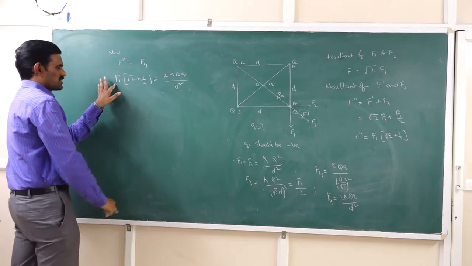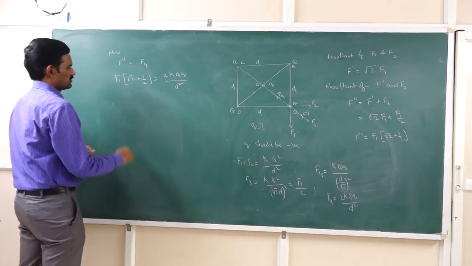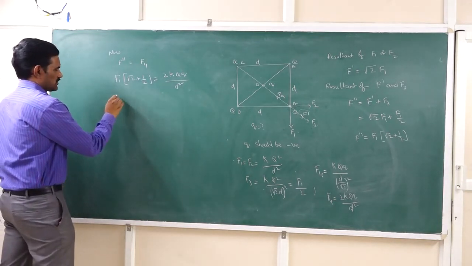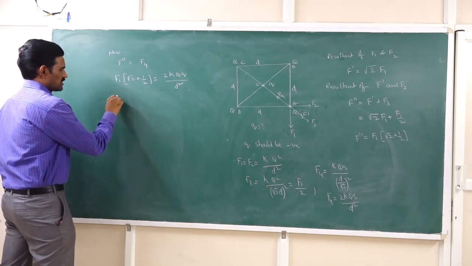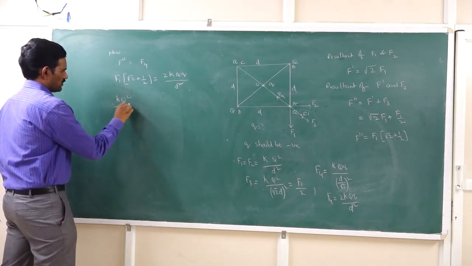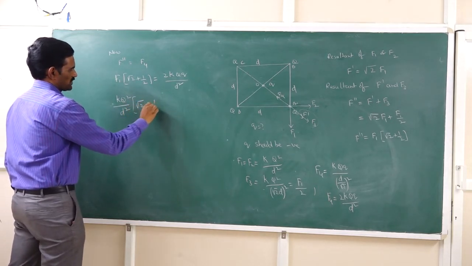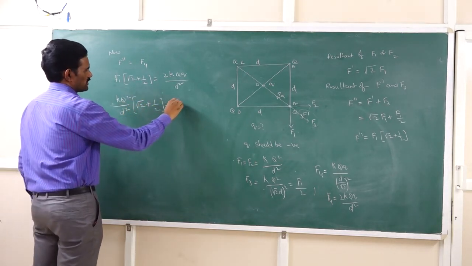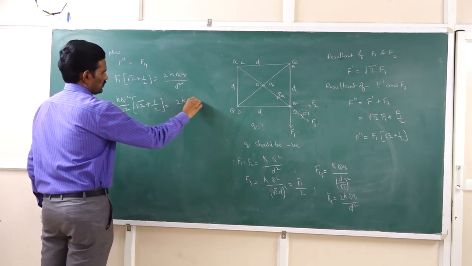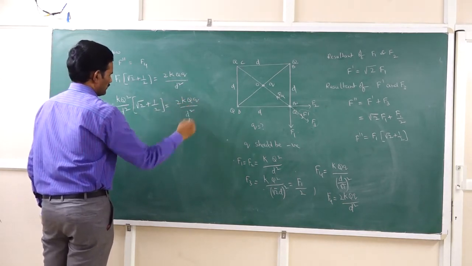Now let us substitute this F1 value by using this equation. F1 is nothing but kq square by d square into root 2 plus 1 by 2, is equal to 2kq into q by d square.